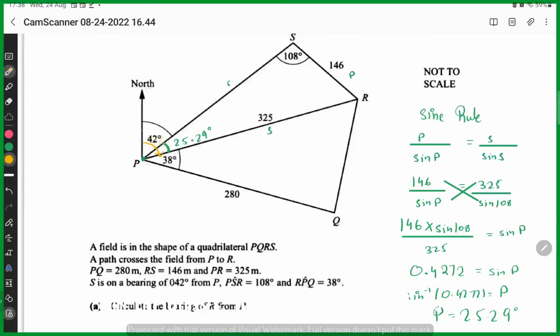This yellow one was the answer: 42 plus 25.29. This is going to give you 67.29, and we will write it down correct to one decimal place or three significant figures. So that is going to make it 67.3.